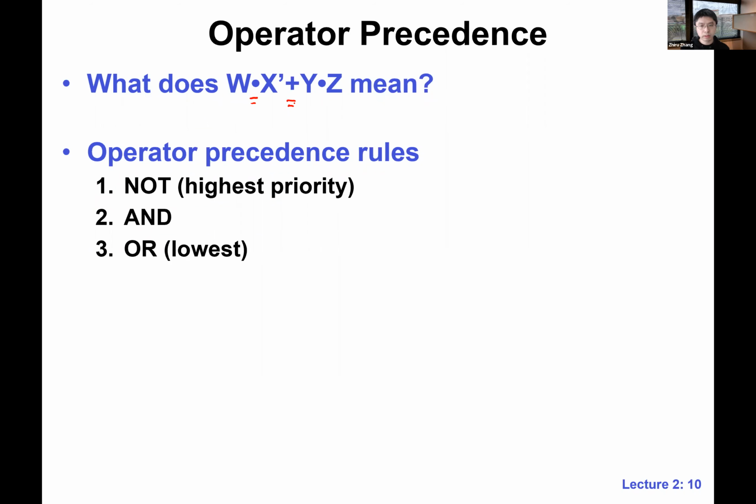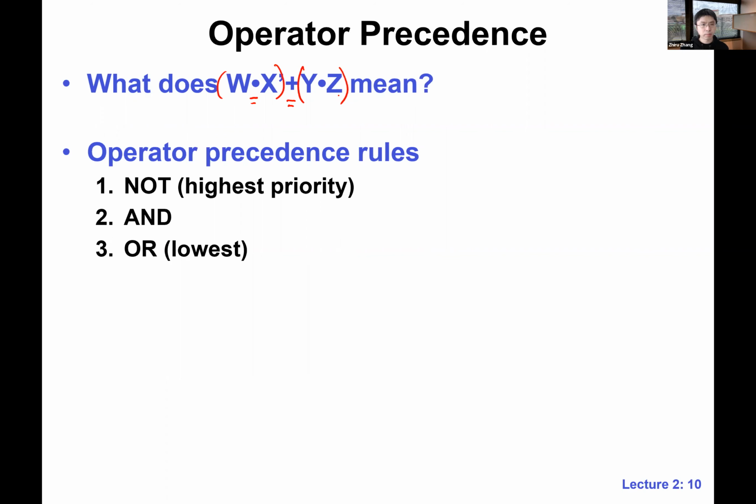Basically, we always do the NOT, the prime, first, then AND has a higher priority than OR. Given this expression, we do the NOT, then the product, and then the sum. So later on, we may not use this many parentheses. Just make sure you remember the order.